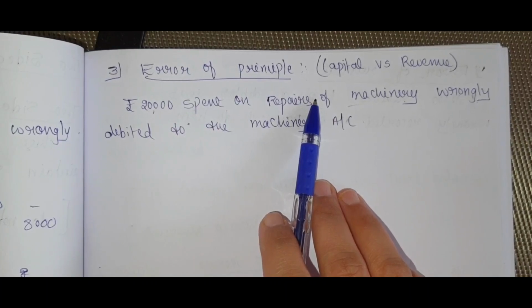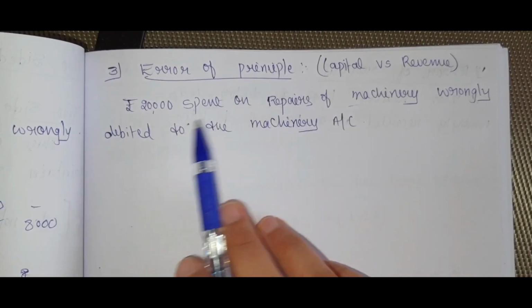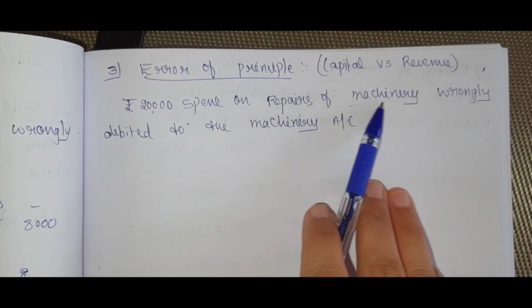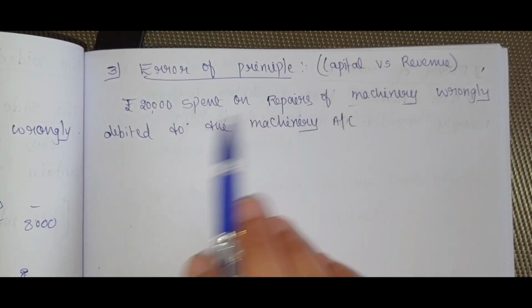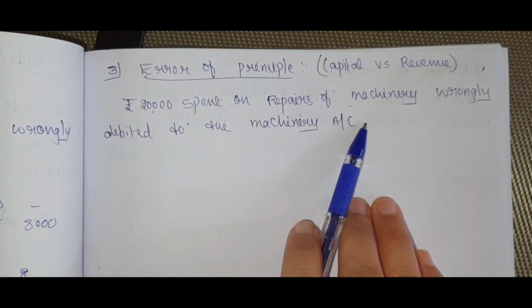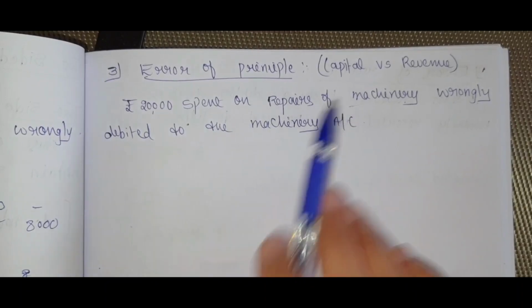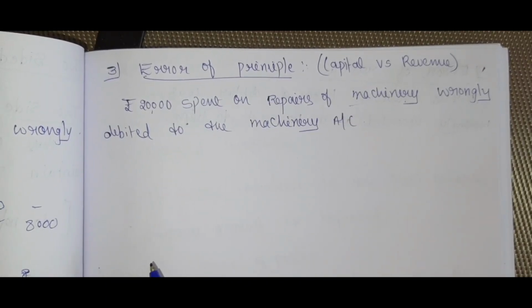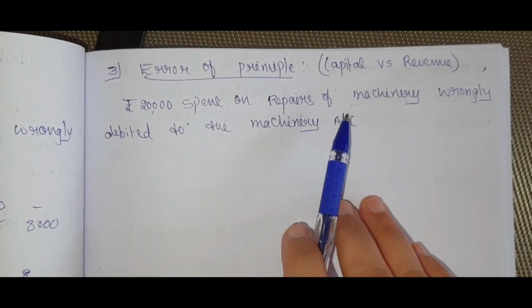We need to correct it. Here we have to debit the repairs account. So this is the meaning of this transaction.